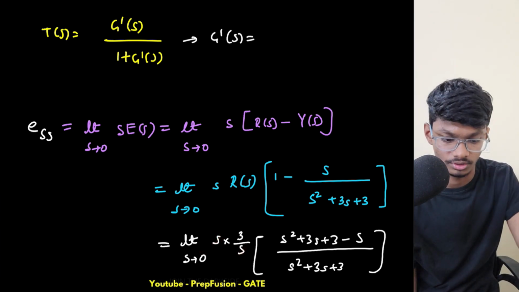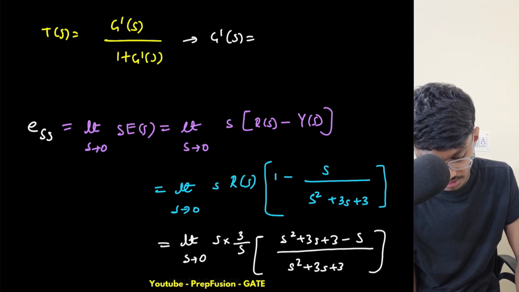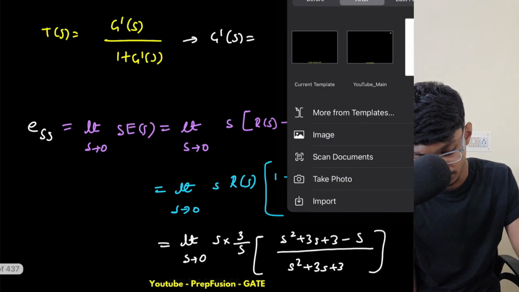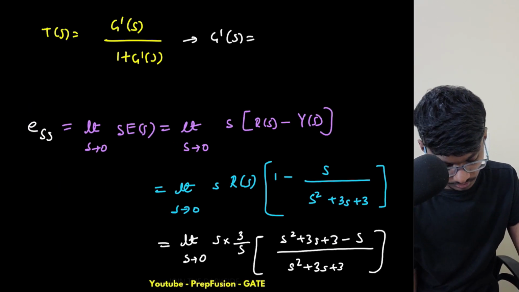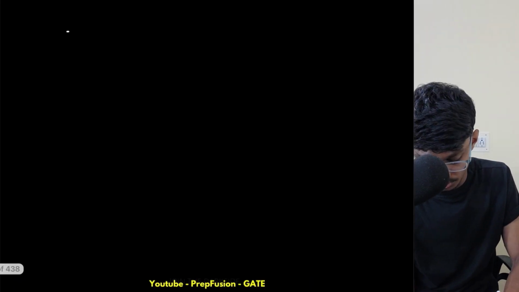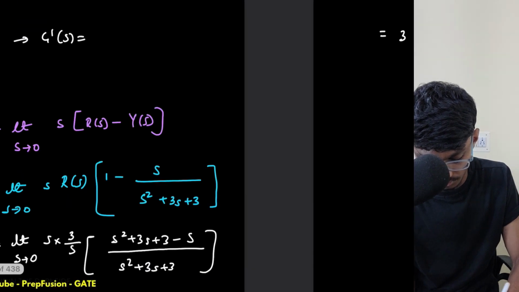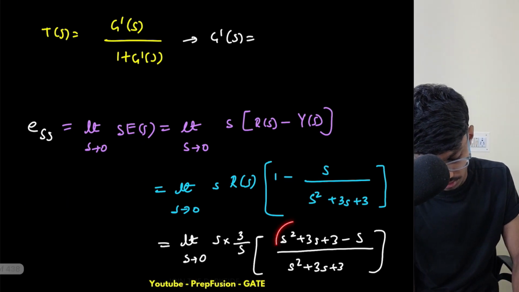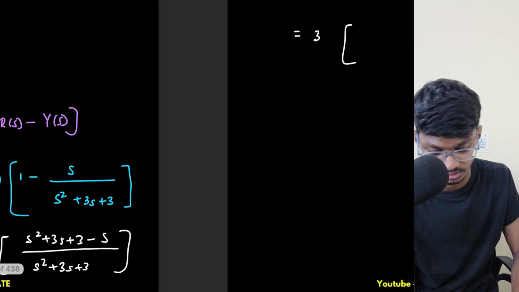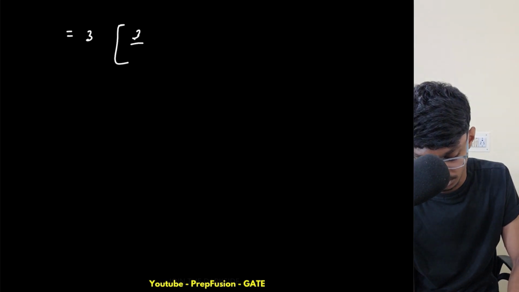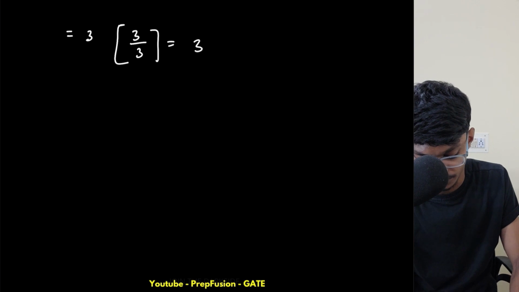If I put s equals to 0 over here, what do I get? So this one will be 3, and here this is 0, and this is 3 minus 0. So in the numerator I have 3, and in the denominator also I have 3. So 3 by 3 is 1.